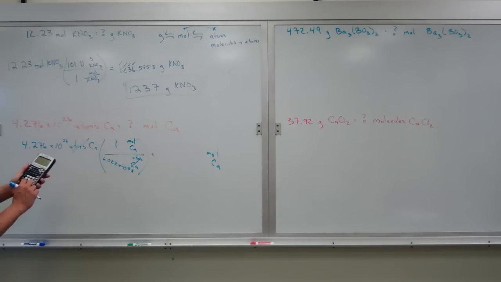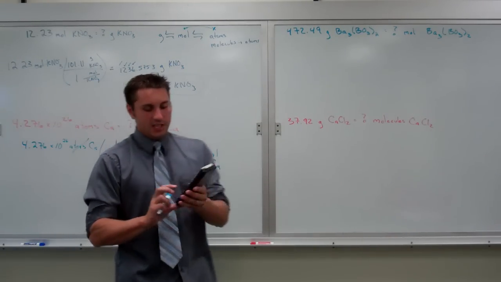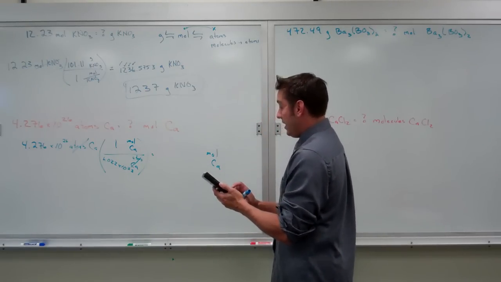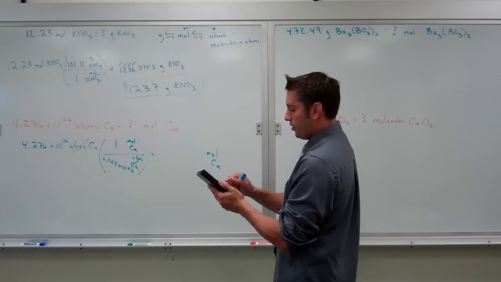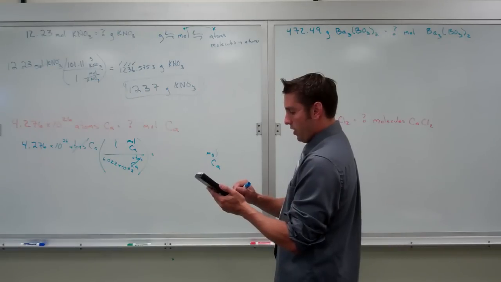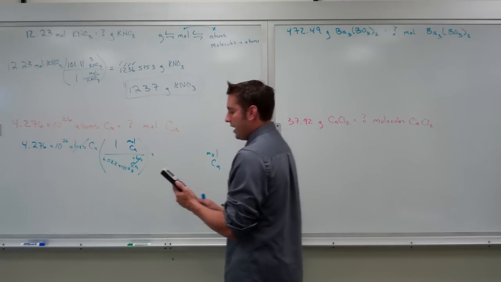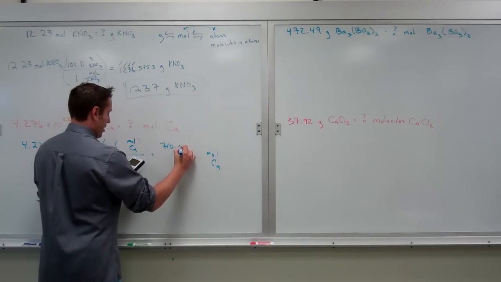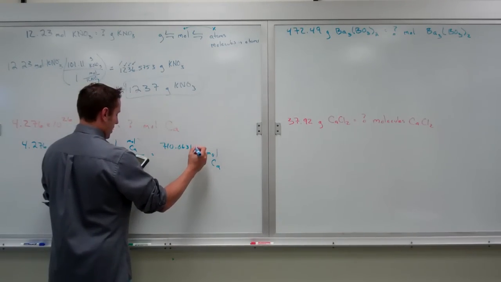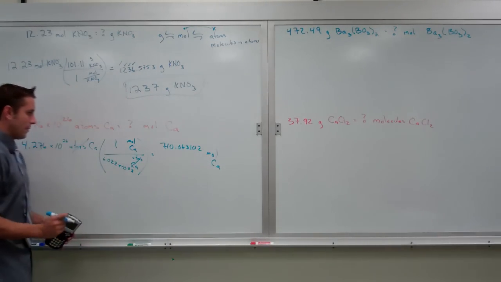I take 4.276 E26 divided by 6.022 E23. And my calculator says 710.063102.